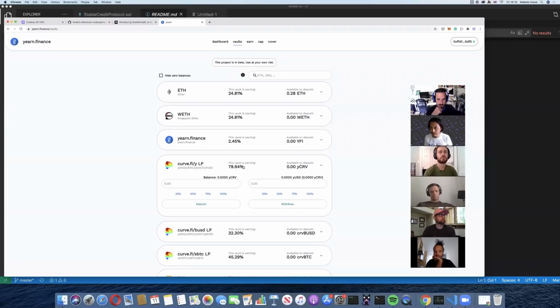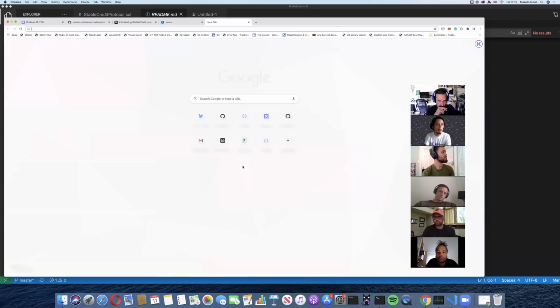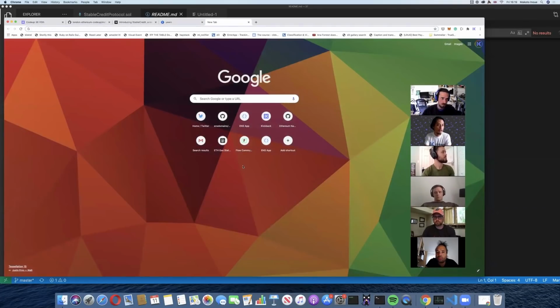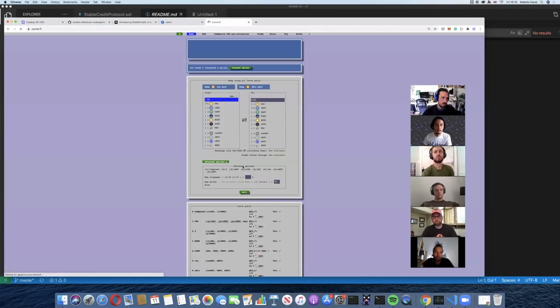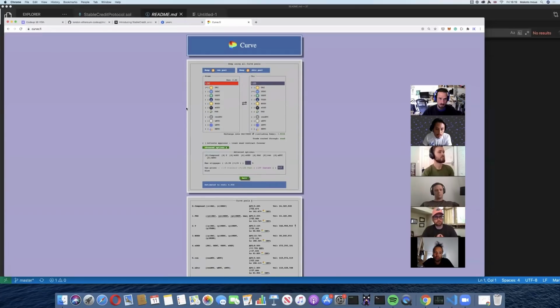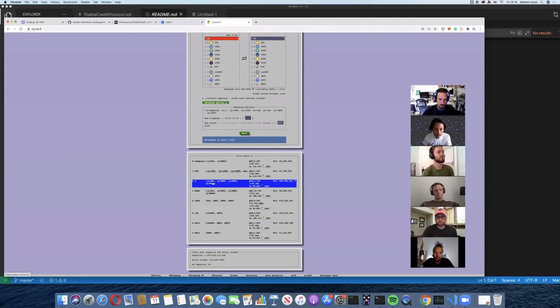If you put into this pool, the equivalent is if you go to Curve Finance, you see number 2, yDAI, which has an APY of 3%, but plus 690% CRV.